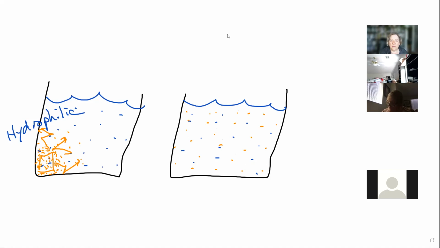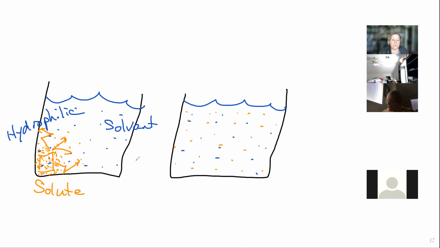So this process of solute, the solute is the stuff that's dissolving in water, which most of the time is the solvent.